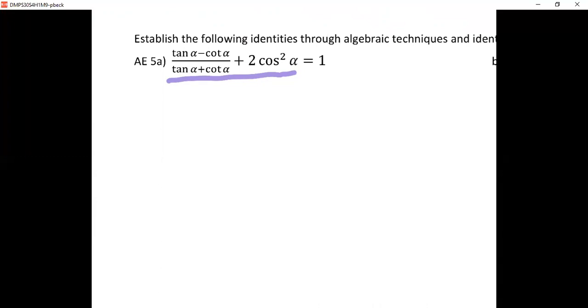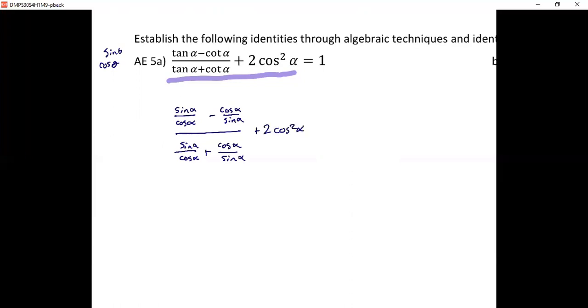I'm mixing tangents, cotangents, and cosines, so let's change everything to sine and cosine of alpha. So tangent is sine of alpha over cosine of alpha minus cosine of alpha over sine of alpha, all over sine of alpha over cosine of alpha plus cosine of alpha over sine of alpha, plus 2 cosine squared alpha equals 1.